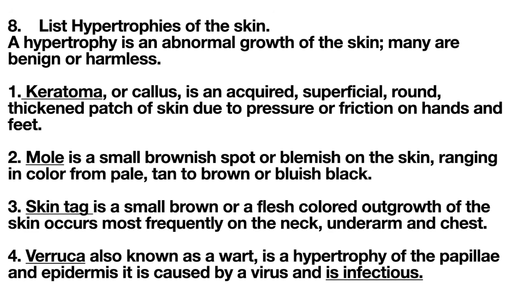Number 3, a skin tag is a small brown or flesh-colored outgrowth of the skin, occurs most frequently on the neck, underarm, and chest. Number 4, a verruca, also known as a wart. It is a hypertrophy of the papillae and epidermis. It is caused by a virus and it is infectious.